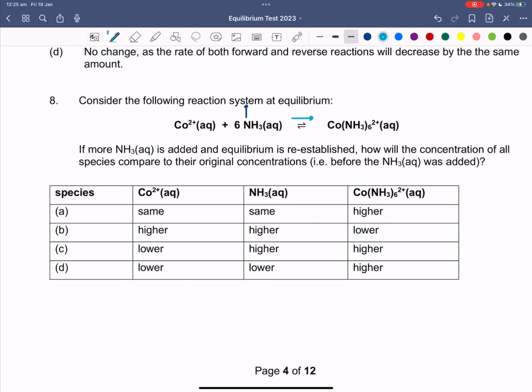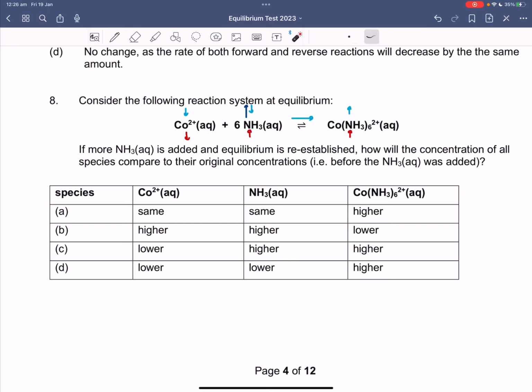If the forward reaction is favored, the NH3 will partially decrease, the Co2+ will decrease, and the product will increase. At the end of the day, the Co2+ decreased. The NH3 went up and then came back down a little bit, which means that the concentration of the NH3 still increased at the end of the day, and the product increased.